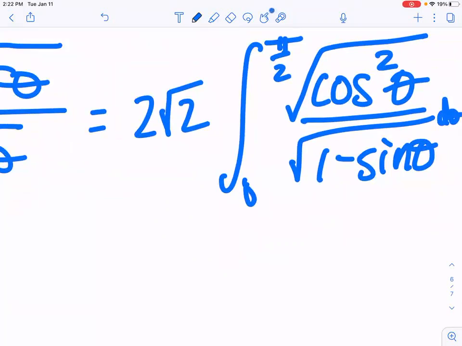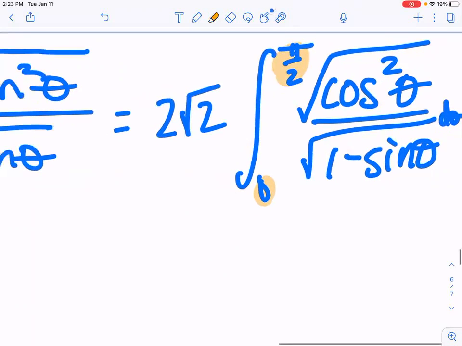Go with me. The square root of cosine squared. I want you to think about the square root of x squared. It's technically the absolute value of x, because negative x squared and positive x squared would be the same. So since we are going from 0 to pi over 2, we know that the cosine is positive, correct?